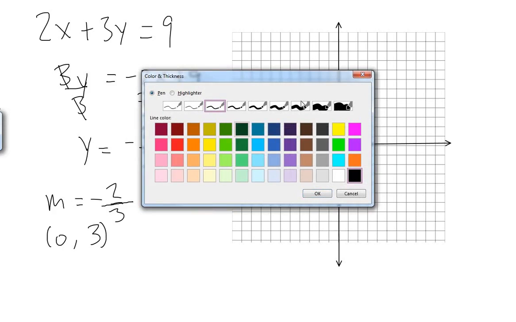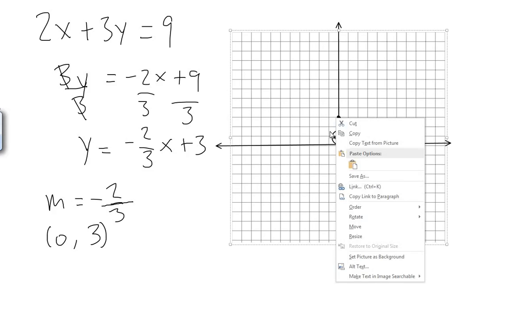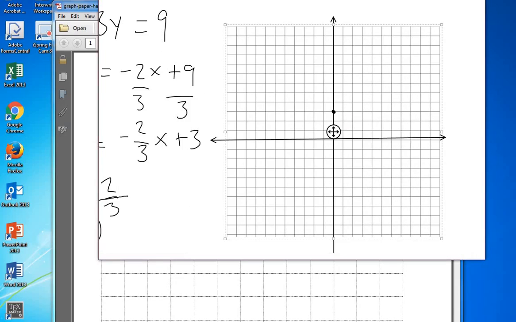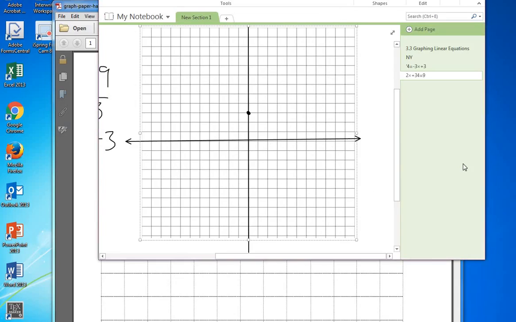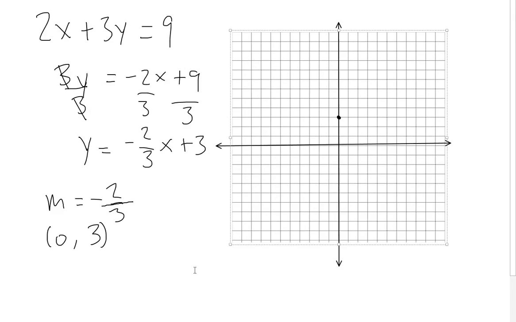So I can make this a little bit thicker for a second. I start at positive 3 on the y-axis. That's right here. Let's try that again. 0, 3 is right there.